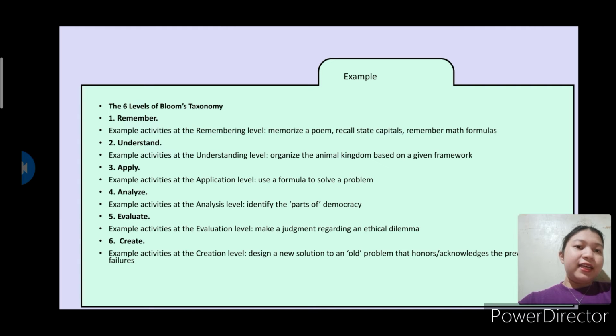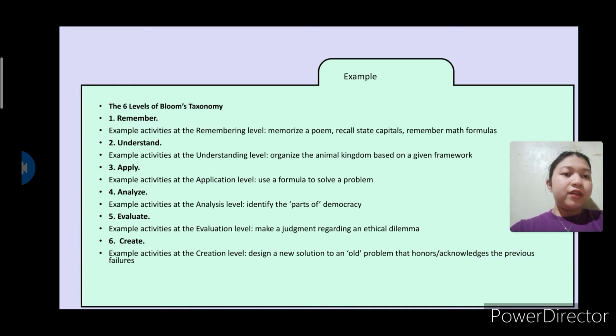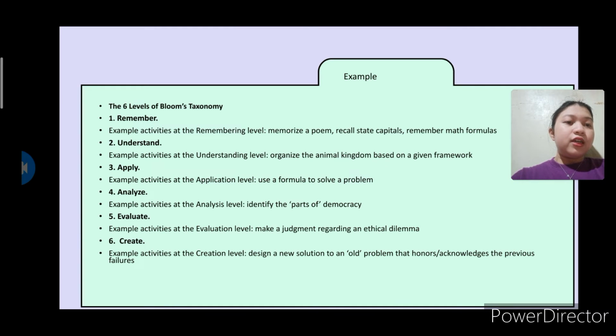Level 3, apply: use a formula to solve a problem. Analyze: identify the parts of democracy. Evaluate: make a judgment regarding an ethical dilemma. And the last, level 6, create: design a new solution to an old problem that honors or acknowledges the previous failures.